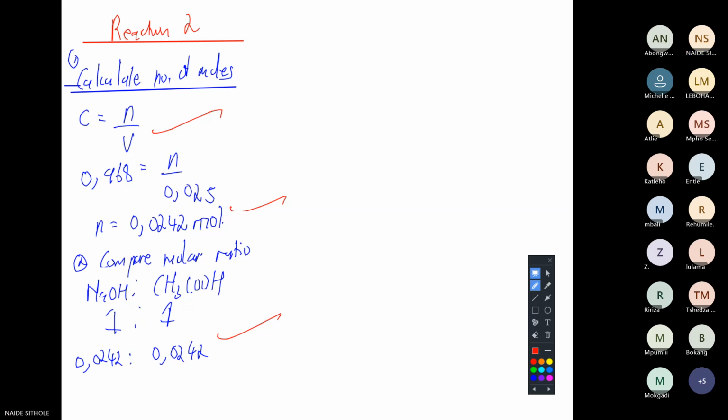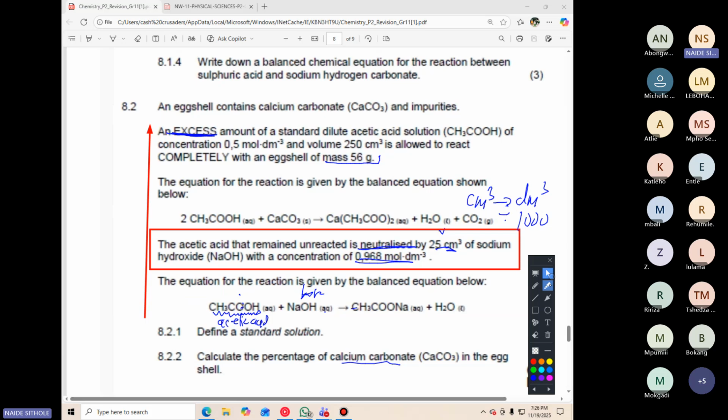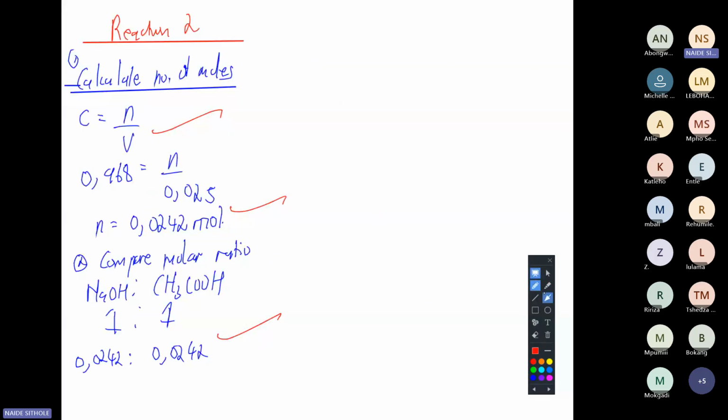Now, obviously, once you have that, you have the number of moles. What is the whole thing about here? We want to calculate the percentage of calcium carbonate in the eggshell, right? They said the eggshell is 56 gram. Okay, so what can we do now?